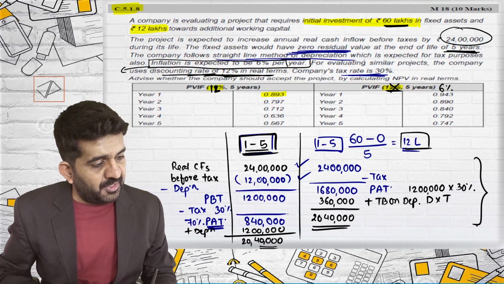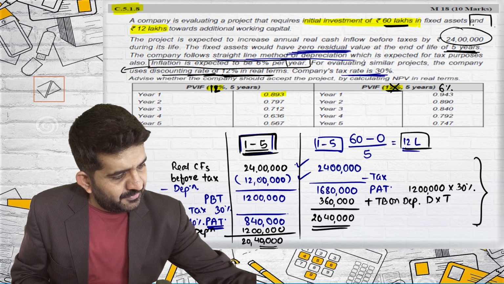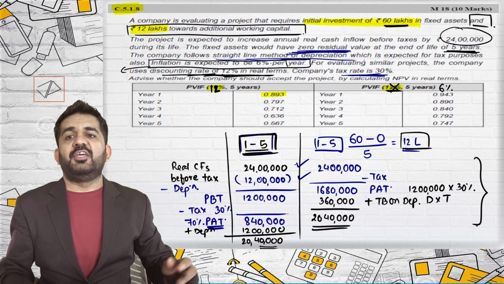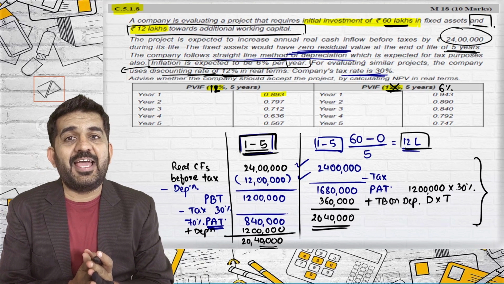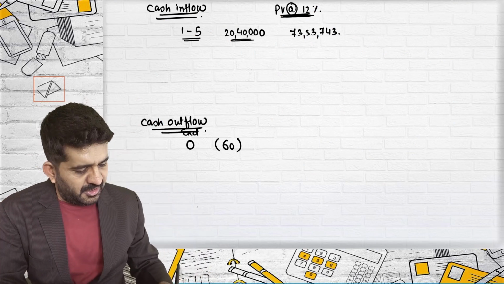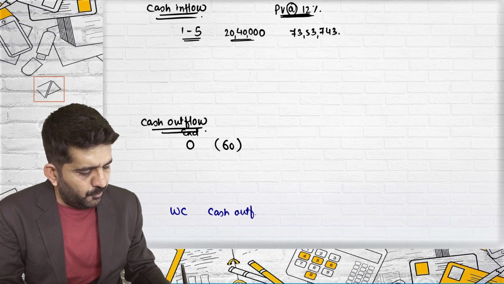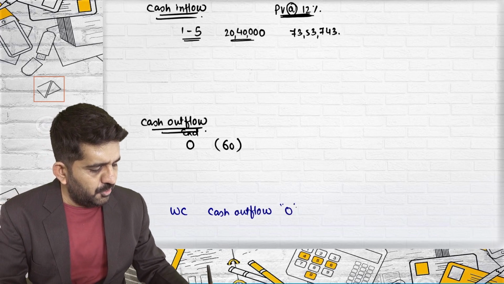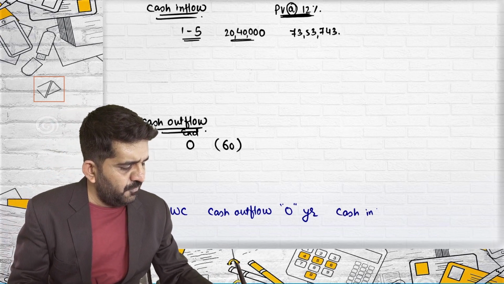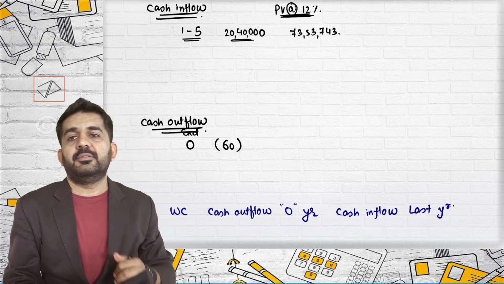Is there a point of working capital? Yes. And 12 lakhs towards additional working capital. So 12 lakh working capital is required. As we have understood in the introductory lecture, working capital is a cash outflow for 0 year and it is a cash inflow for the last year.